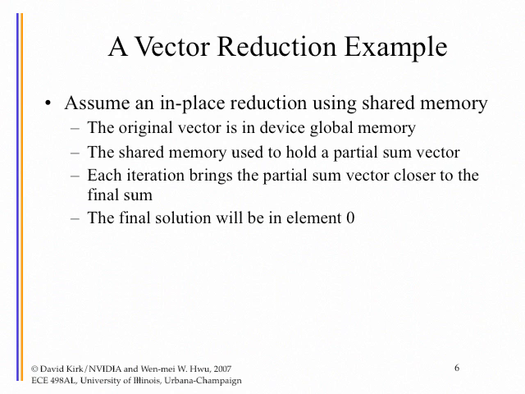So that's why when we use parallel machines such as G80, we typically use what we call the in-place reduction algorithms. We will keep the original vector in the device global memory, okay? But we're going to load whatever we're going to reduce into the shared memory.